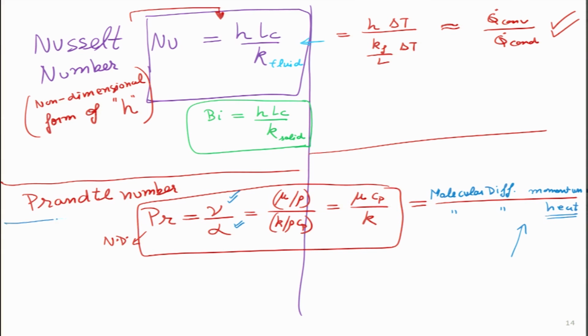So, if I write that table over here, and over here I write the Prandtl number for various materials, the lowest value will be for liquid metals.